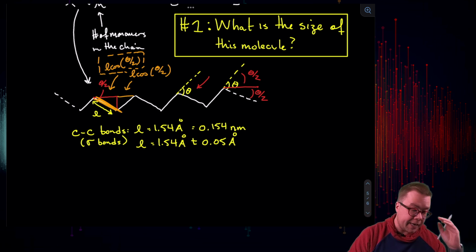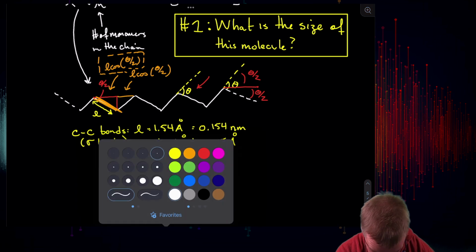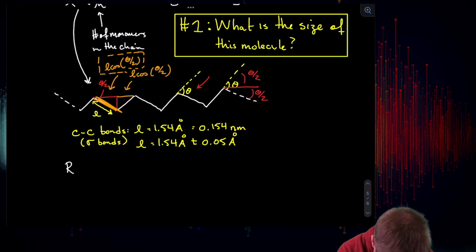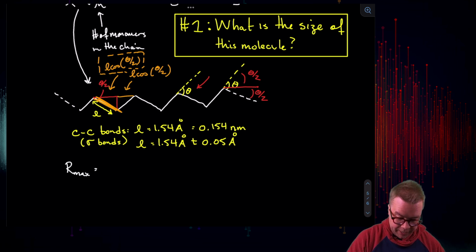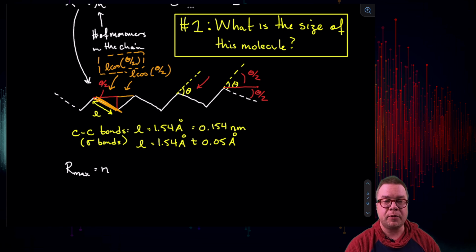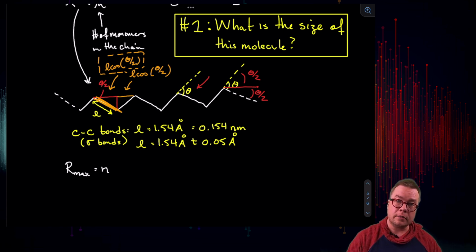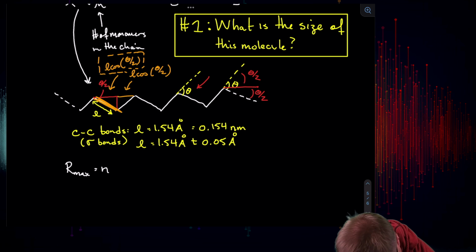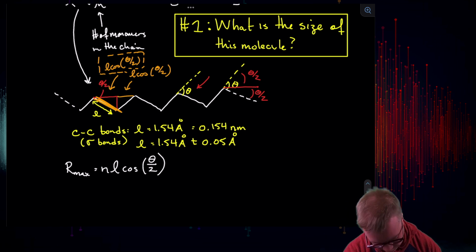So if I wanted to look at the size of the polymer chain, then the maximum length that I'm getting when I extend this molecule all the way out is the number of monomers that I have multiplied by how much length they contribute to the chain, which is L cosine of theta over 2.